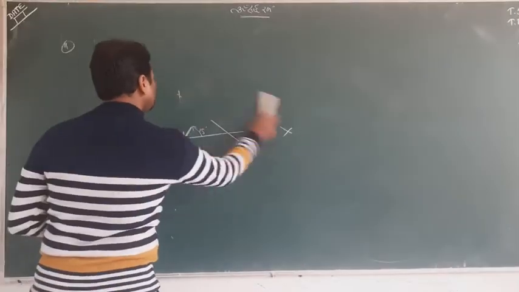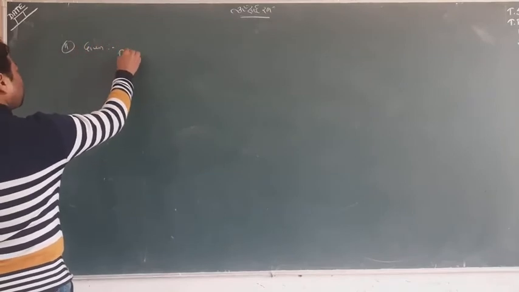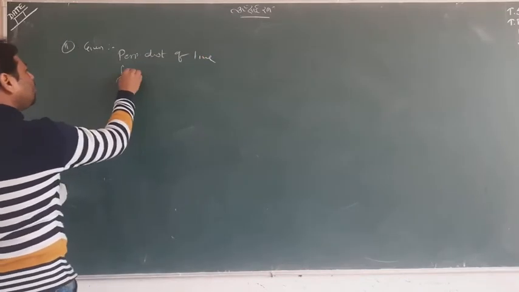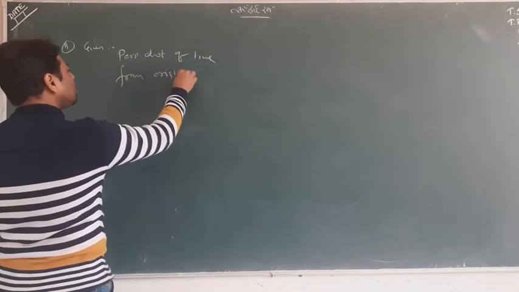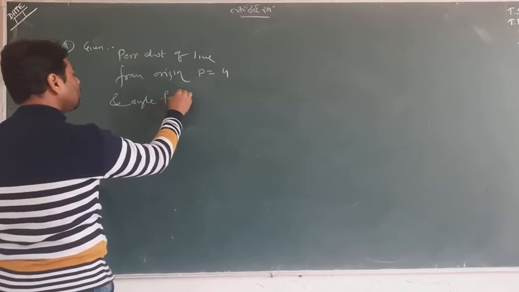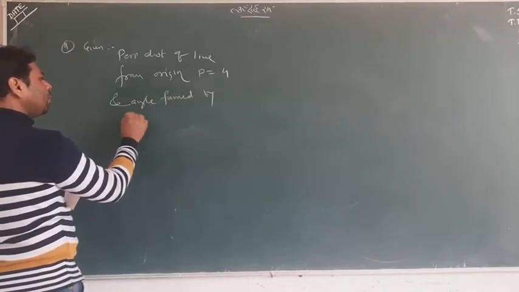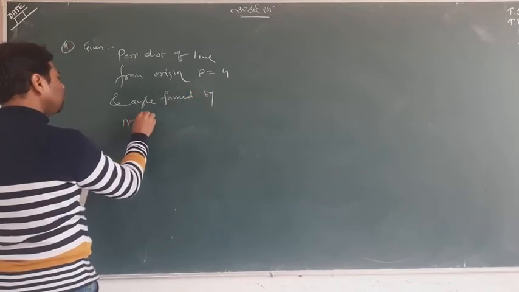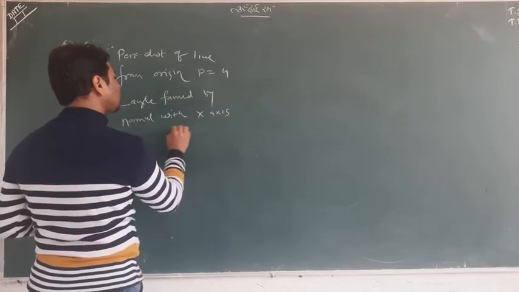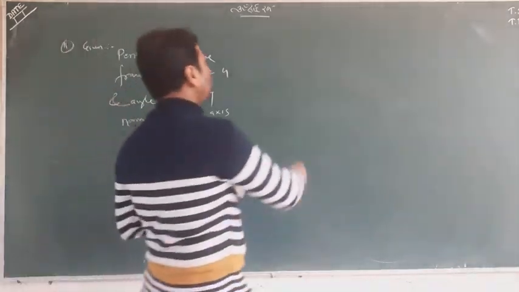So okay, we'll use here that, given, the perpendicular distance of the line from the origin is p equal to 4 and the angle formed by the normal with the positive direction of the x-axis is alpha, 15 degrees. So it is all about what is given. Now you will go on to the answer.